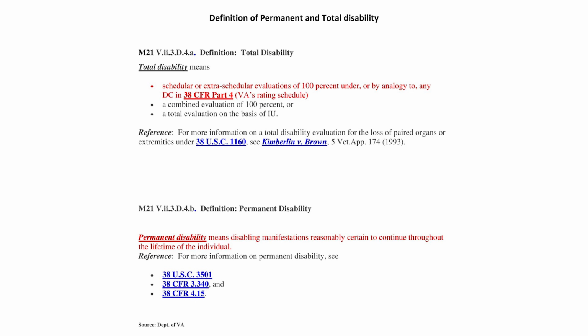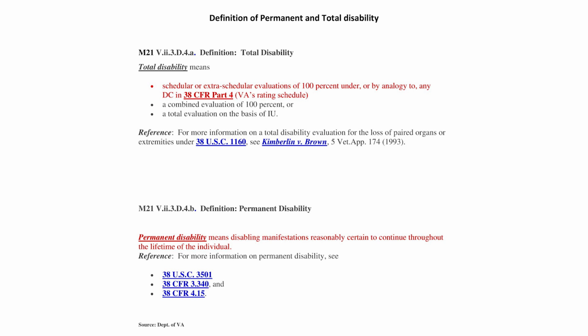Now, a key note to that: if you are having a DBQ, disability benefit questionnaire, completed by a private examiner, and this is something that I did, why not ask that examiner, hey, for the diagnosis for this particular DBQ that you're completing for me, do you feel that this condition is permanent in nature?